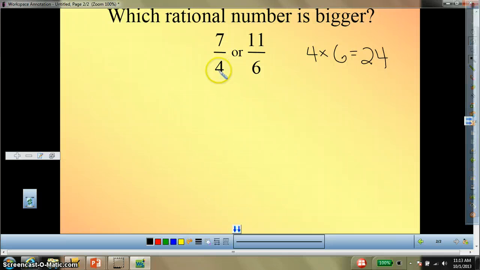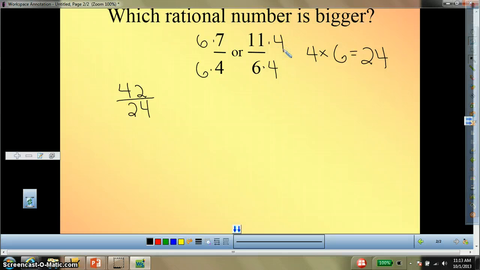In order to make 4 into 24, we've got to multiply by 6. And we have to do that to the numerator and the denominator both. 6 times 7 is 42. And on this side, we have to multiply 6 by 4 to get 24.